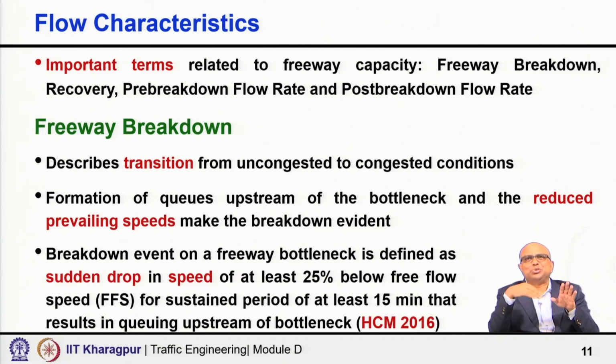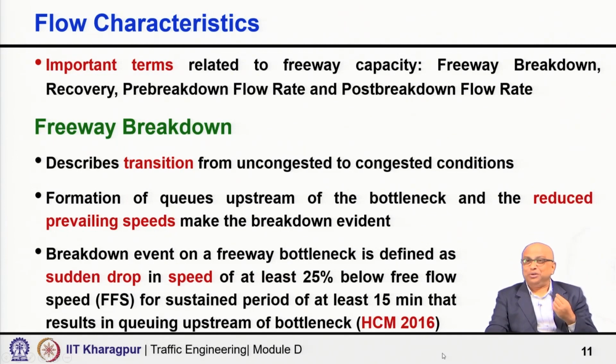The moment it goes higher than 2 lane, the freeway breakdown is happening, because you start getting queue. So, you can see that formation of queue is happening upstream of the bottleneck, and the prevailing speed will come down, which makes the breakdown evident.